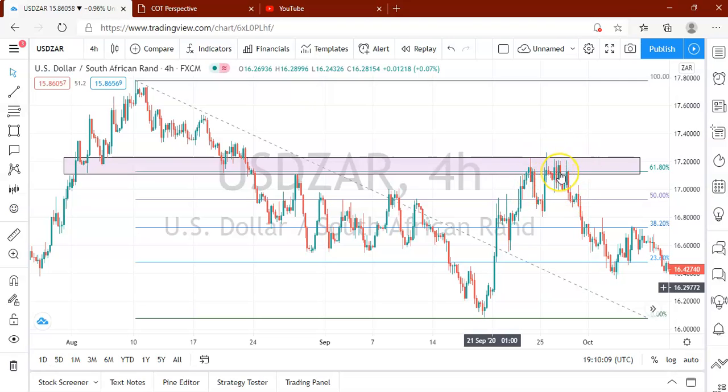So what I understood, the reason I call this area a liquidity zone, came from that idea.